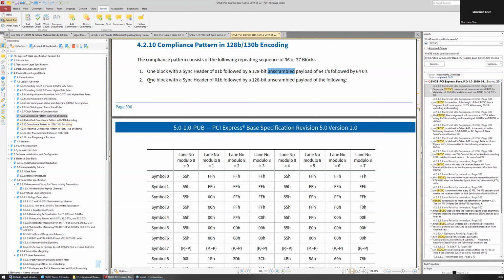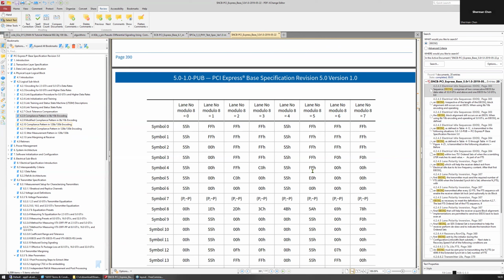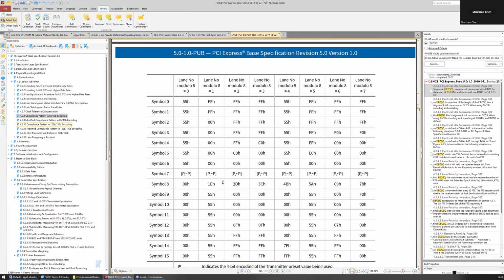And the next block contains the same sync header, followed by also 128-bit unscrambled symbols.